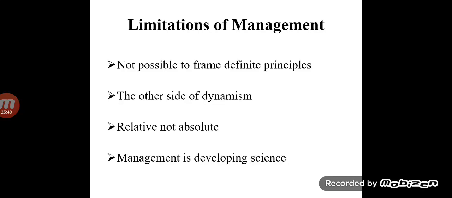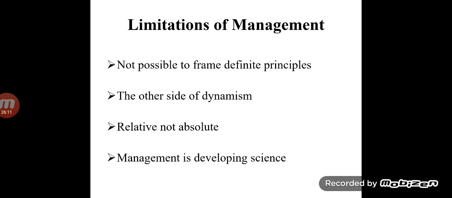Now the limitations of management. What are the limitations of management? These are the four main limitations of management. The first is that it is not possible to frame definite principles. In simple words, whatever rules and regulations we have decided in the organization cannot be implemented everywhere and every time.